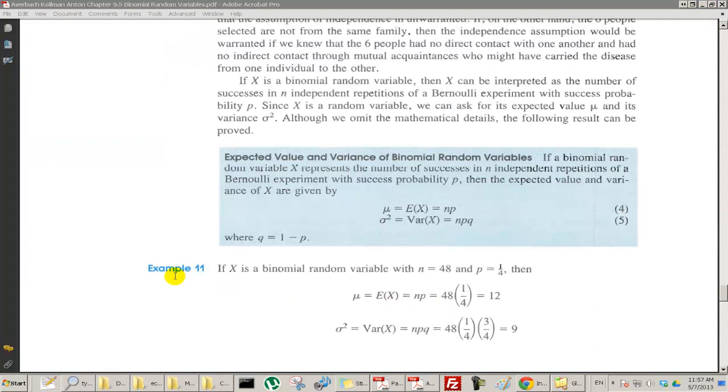Okay, let's look at an example here. If x is a binomial random variable with n equals 48 and p equals 1/4, then the expected value of x is 12, and the variance is npq, which equals 9.